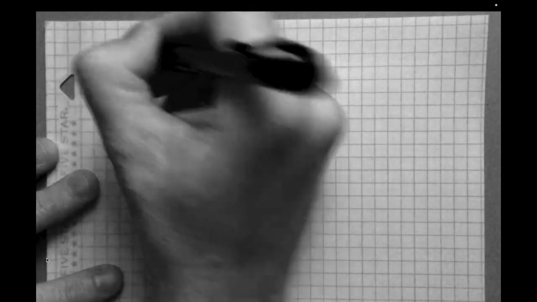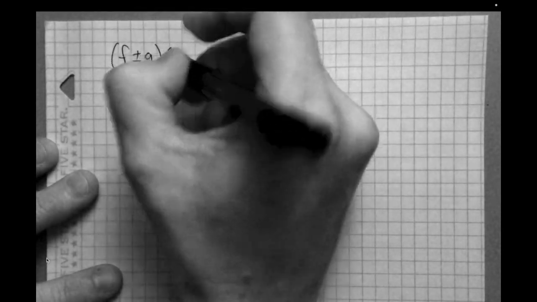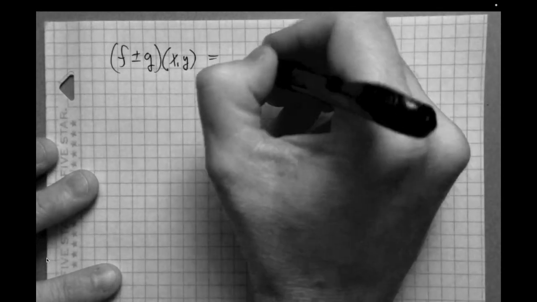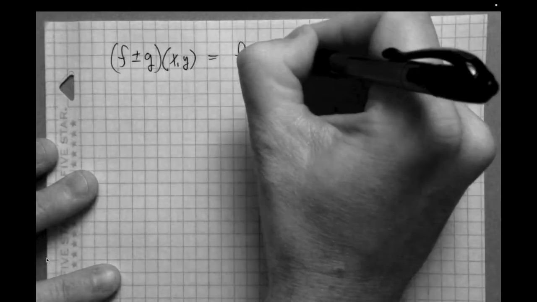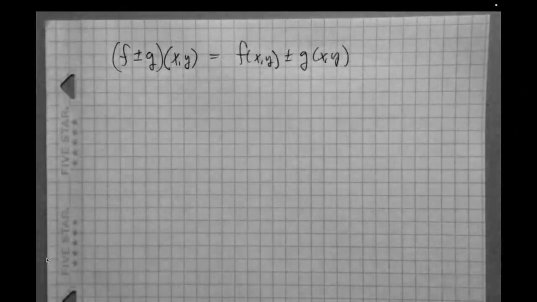Now, a lot of the combinations that we're used to with functions of single variables can be extended to functions of several variables. So if I have f plus or minus g of x, y, that's going to be the same thing as f of x, y plus or minus g of x, y, for example.